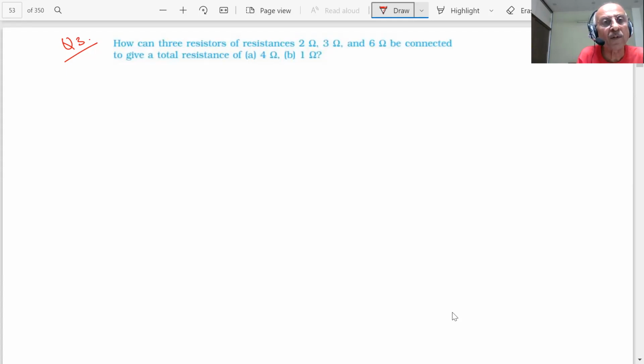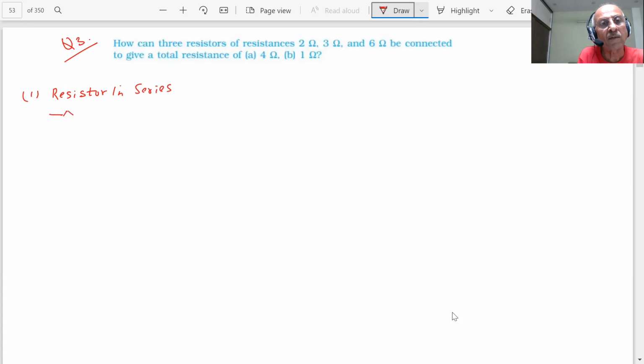See, if I want to solve this, let me see. Basically, I have shown you two systems of resistors. Let me try first. If I connect the resistors in series, what is the result of that?